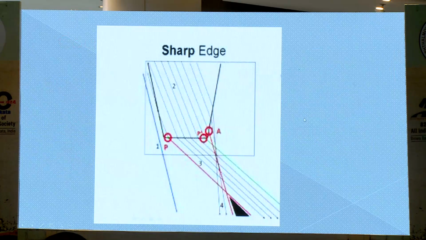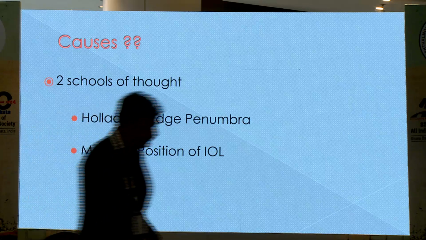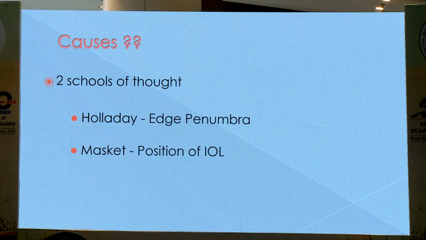So this is how the patient would complain. There is a dark shadow. This is a left eye operated, so on the left side there is a dark shadow on the temporal aspect. There were two schools of thought as to why this is happening. Holladay said this is an edge penumbra, and Masket said it is because of the relatively deeper IOL.